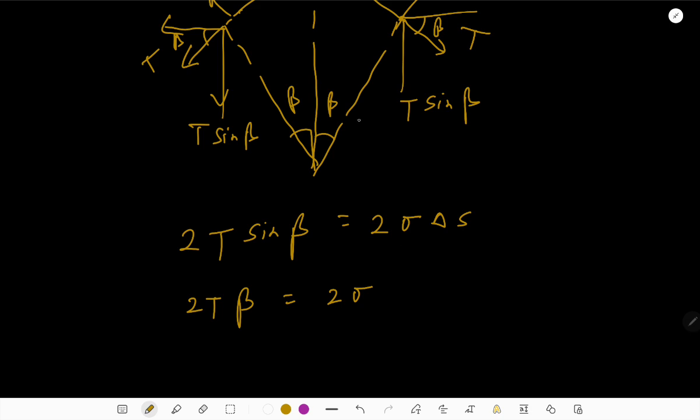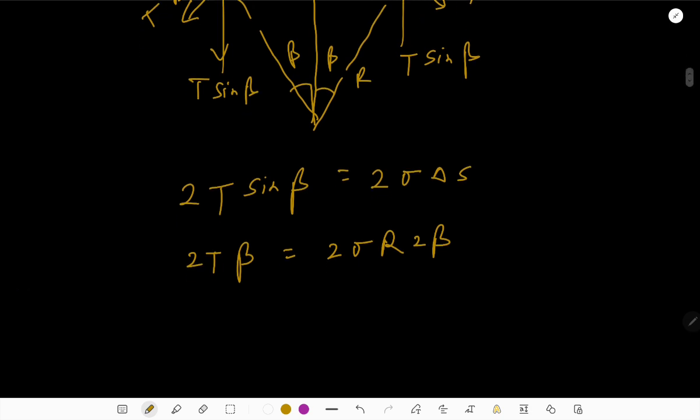Delta s you can write, just put the radius here, as r, so 2r beta, r multiplied by 2 beta. You can get the tension simply as 2 sigma r.